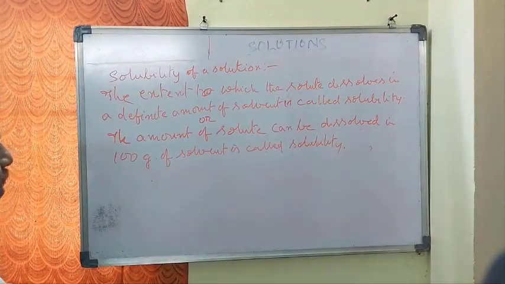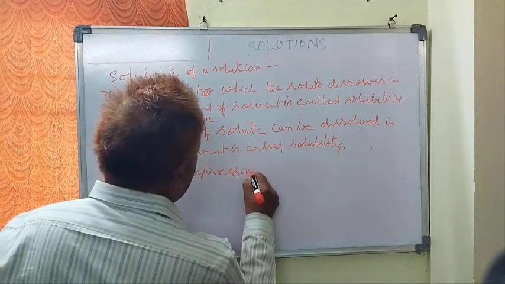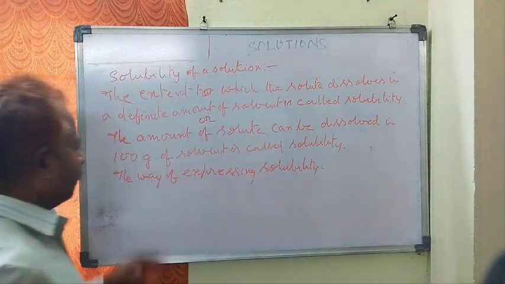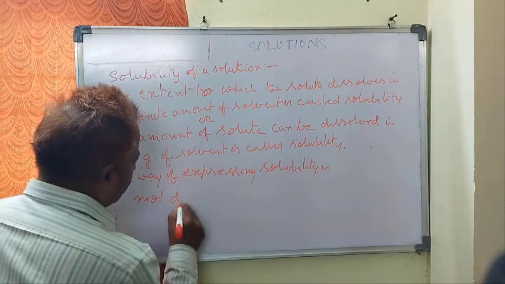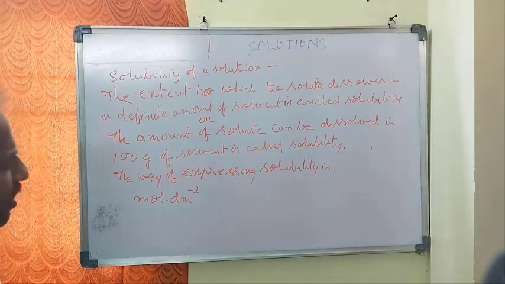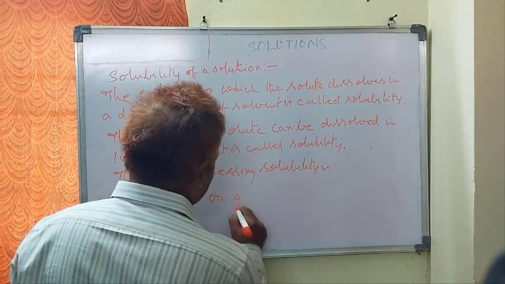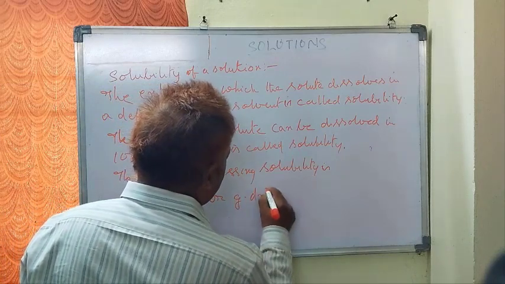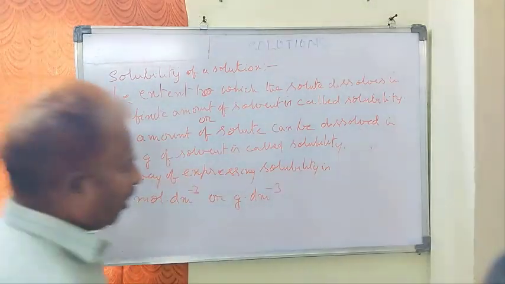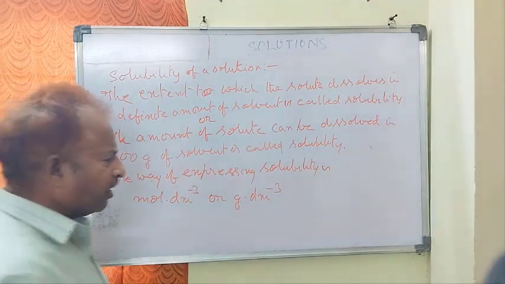Another way of expressing solubility is mole per decimeter cube, where decimeter cube is nothing but 1 liter, or gram per decimeter cube.